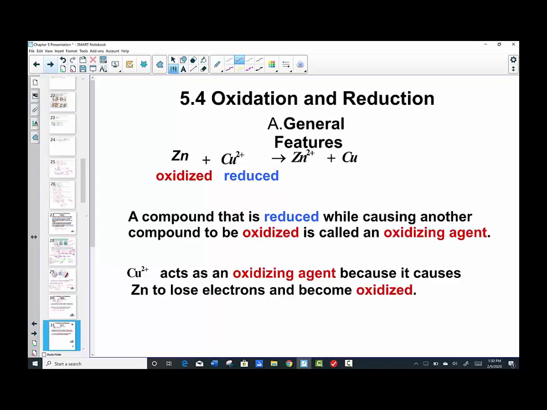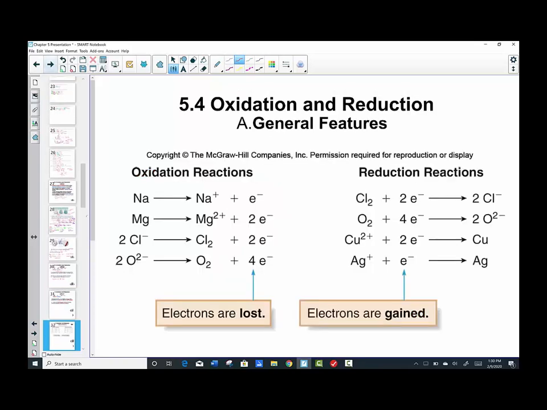I'd like to try some more practices with you for redox. The oxidation and reduction features really just give us an activity series of how many electrons are lost or gained. When I wanted to point this slide out, I just wanted you to see that anytime you see oxidation, notice that the electrons are always on the product side. They are being lost. And notice that for reduction, they always occur on the reactant side because they're being gained.